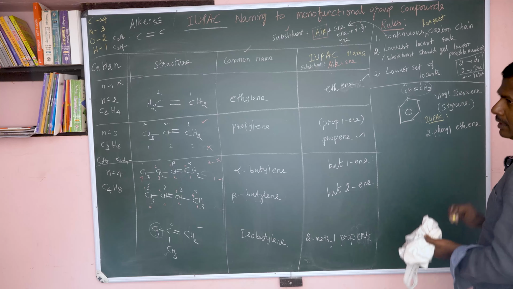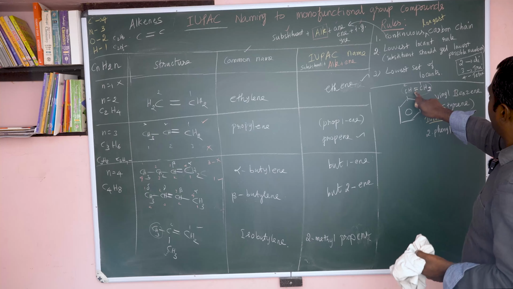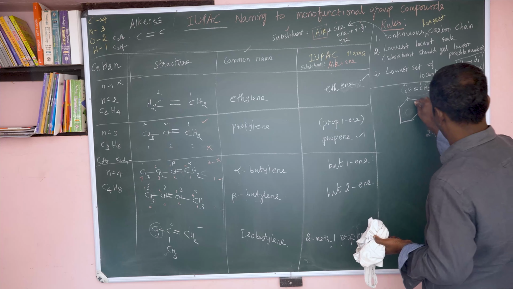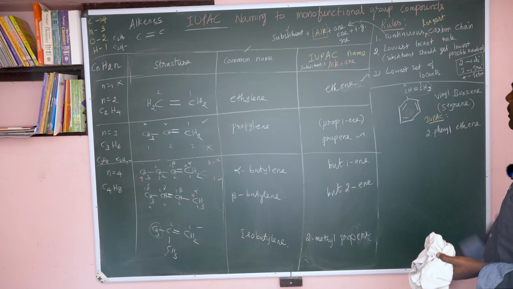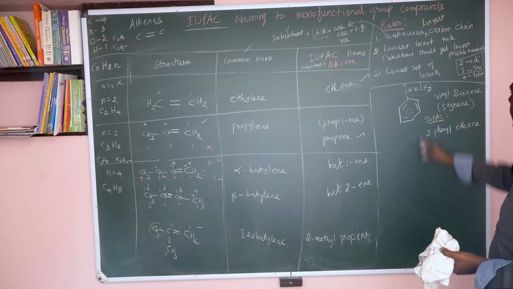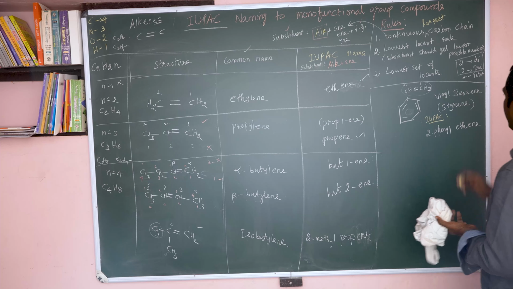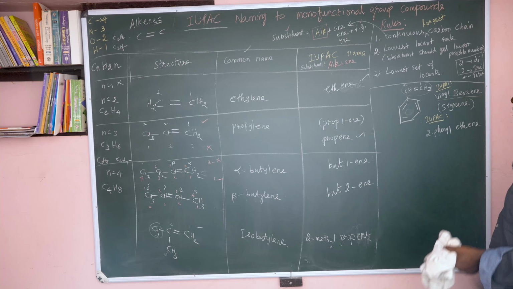We are giving priority to the double bond which is here. But we know that this benzene also has double bonds. Then why can't we give priority to this double bond? With benzene, this group is attached, so like that also we can give. Now this vinyl benzene can be considered an IUPAC name also.